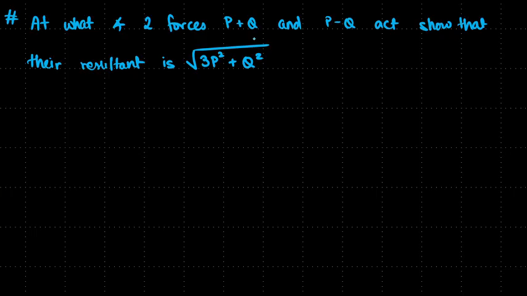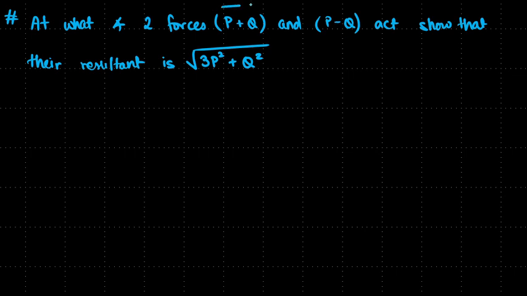As this question has stated that P plus Q and P minus Q are forces, we will have to assume that they are the magnitudes, rather than the symbol of the force, since there is no vector sign or arrow sign over the terms.